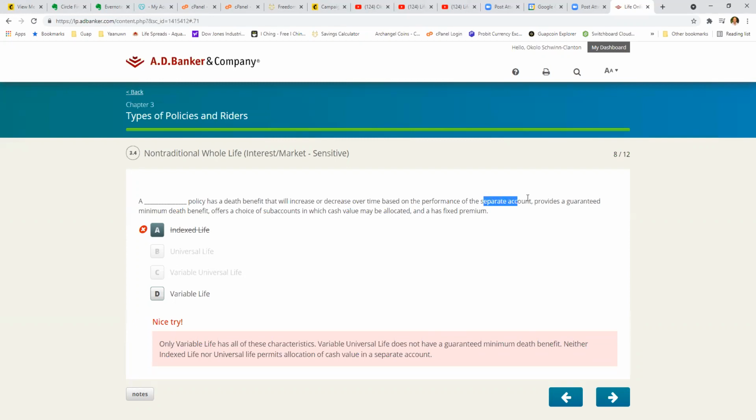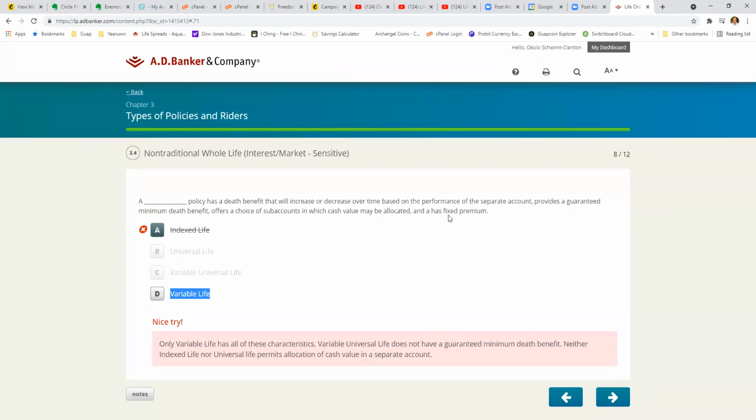The separate account is the account that the money is invested in, which is basically the stock market. It provides a guaranteed minimum death benefit and offers a choice of sub-accounts in which the cash value may be allocated. So you can invest it in the S&P 500, or in any other variable mutual fund, you could say.